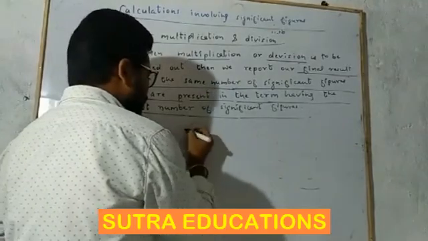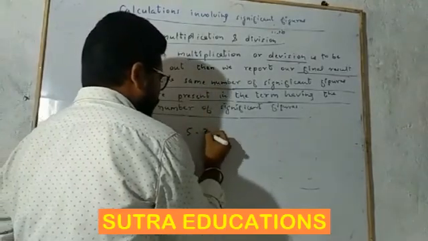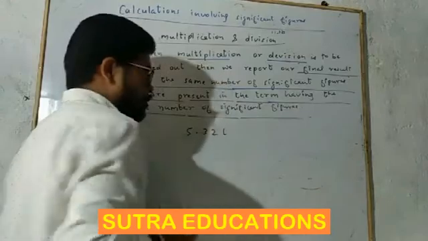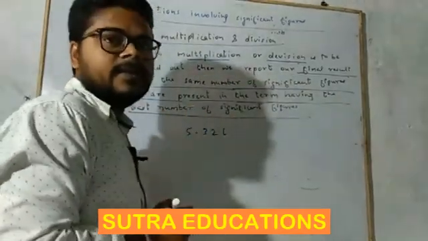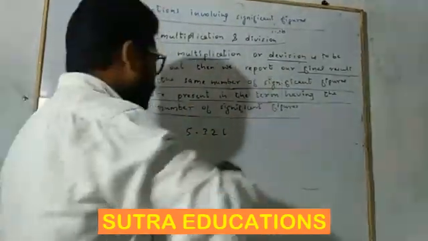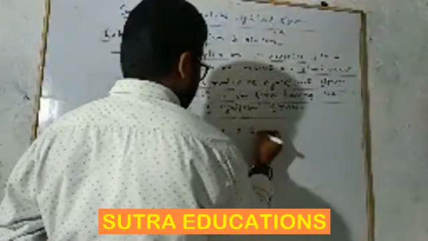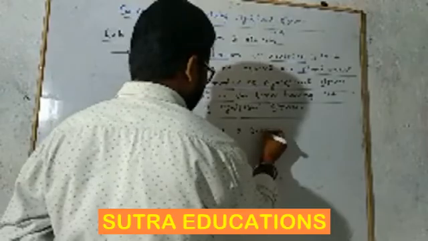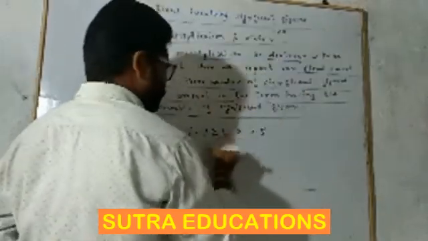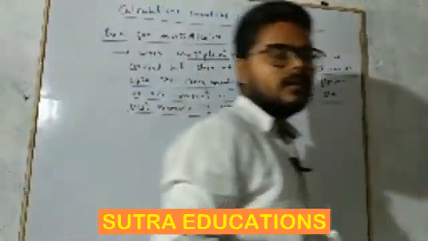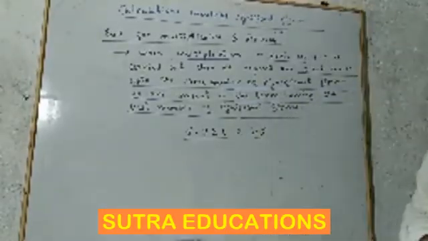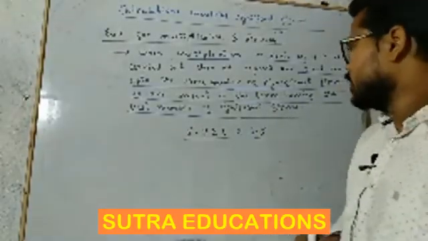Suppose you have to multiply 5.321 by 3.5.